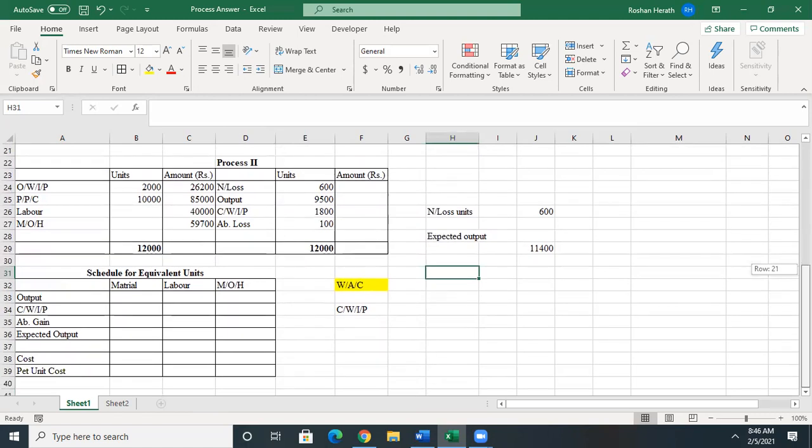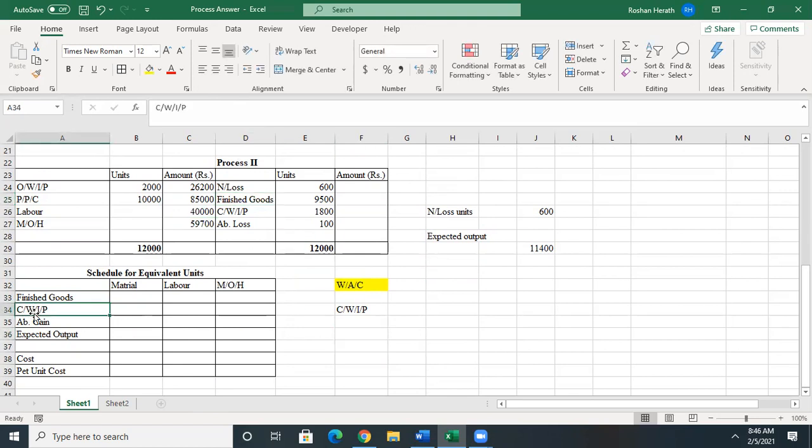Okay, now let's look at the output. This time the output comprises the finished goods. These are also the finished goods.